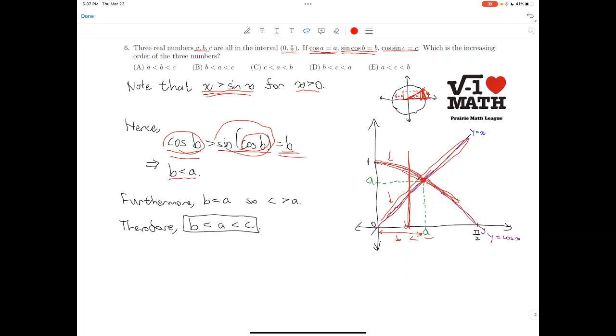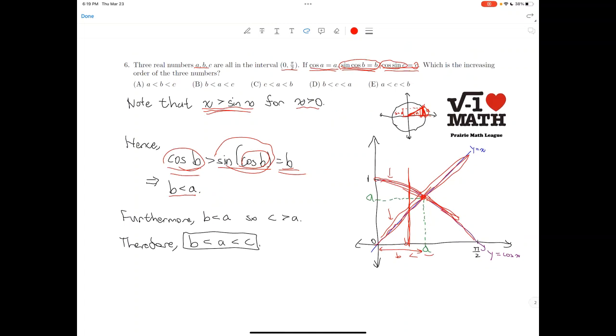Now, from the equations, note that cosine of sine of C is equal to C, and sine of cosine of B is equal to B, from which we can naturally deduce that C is just equal to cosine of B. Now, this is true, since B is equal to sine of cosine of B, but then you can just repeat this forever, and C is equal to cosine of sine of sine, and you can again repeat this forever.